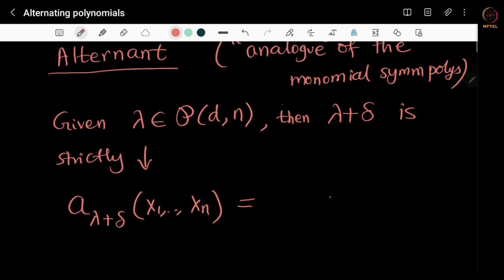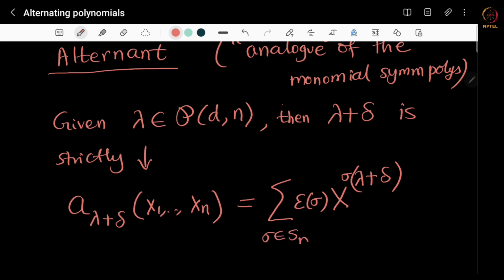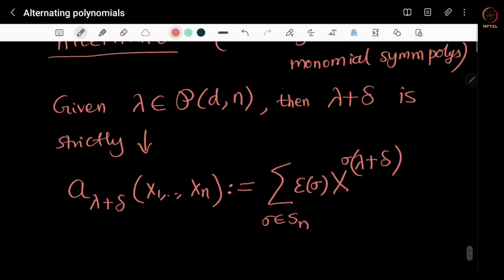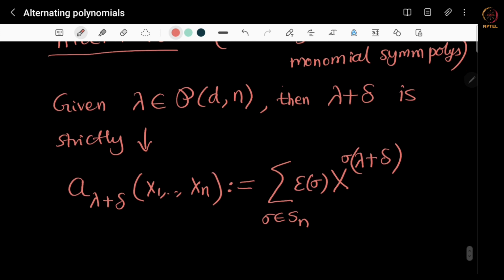Remember, we think of lambda as being exactly an n-tuple by padding it with zeros at the end. So let's consider lambda plus delta. Then lambda plus delta is strictly decreasing, as we just saw. It's a strictly decreasing sequence, so let's form what we call the alternate indexed by lambda plus delta as follows.